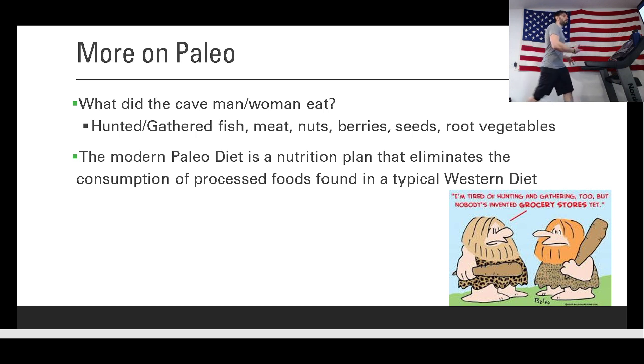I mean, imagine if you had to solely rely on going out to hunt and gather your own food. A lot of people wouldn't even know where to begin. I know I wouldn't, right? If I had to go out into the world, other than what pops in my mind is a deer, but do I even know how to do things?